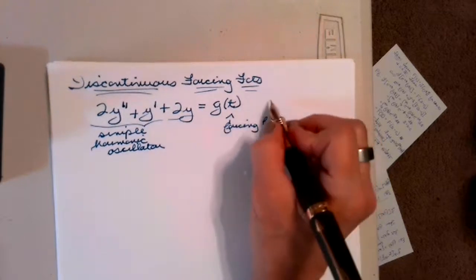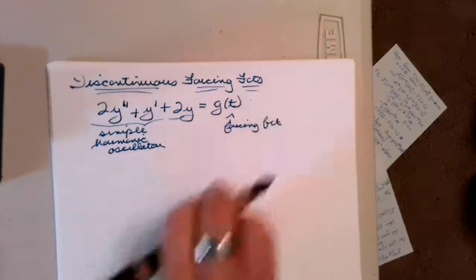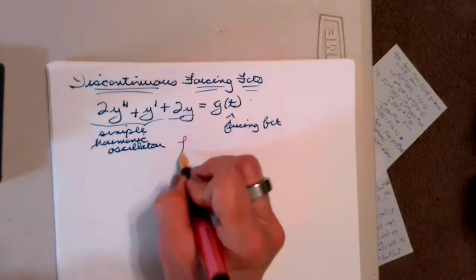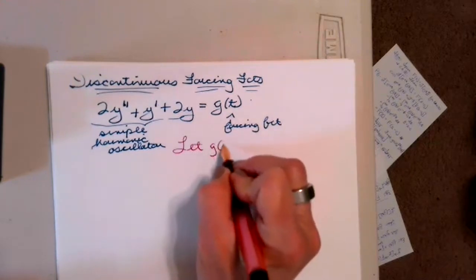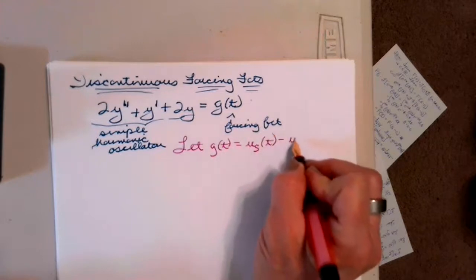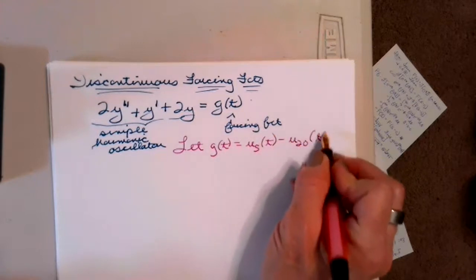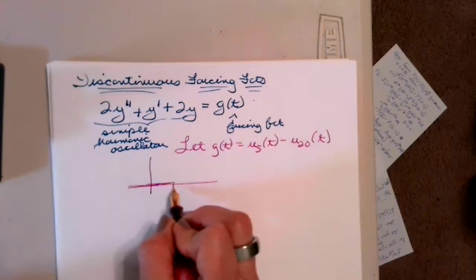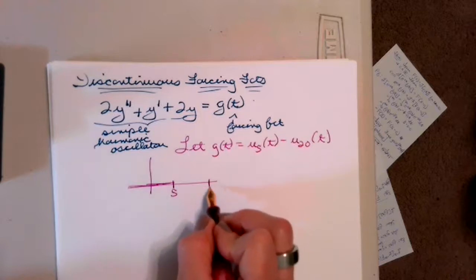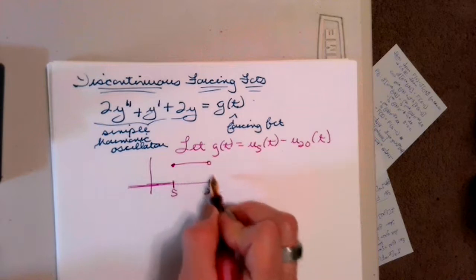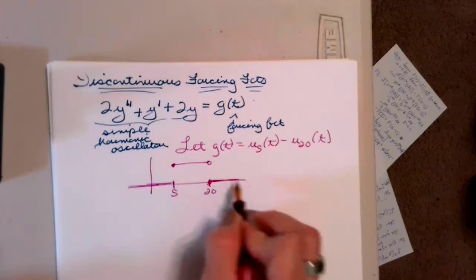So let's, for right now, suppose that this forcing function, let's take the special case of, let G of t be U5 of t minus U20 of t. So that means it's a function, if you remember what happened before with a function like that, that between 5 and 20, it takes on the value 1, and at 20, it goes back to 0 again.